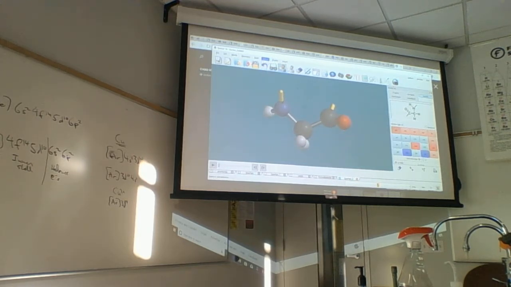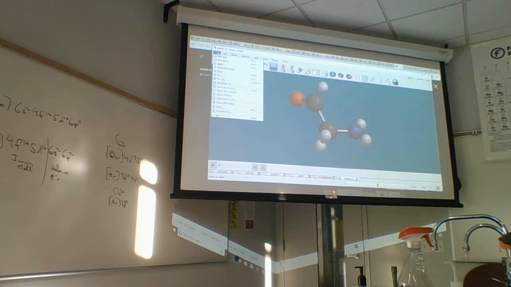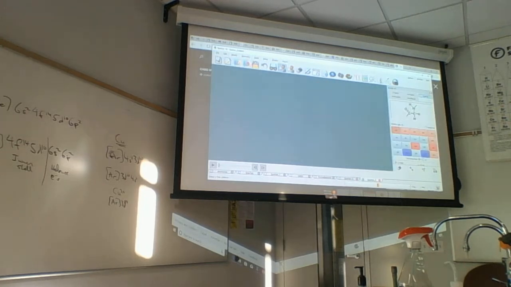I'm going to submit this amino acid for calculation. Is this an amino acid? This is not complete. Shoot. Not right. Sorry. Let me fix this. Let's go ahead and just build a new one.